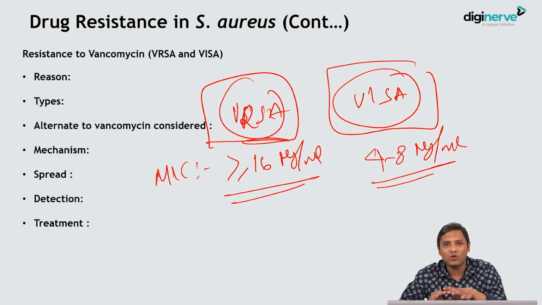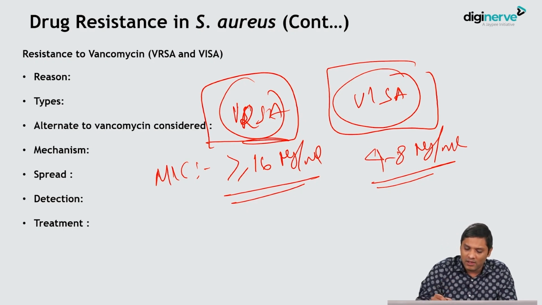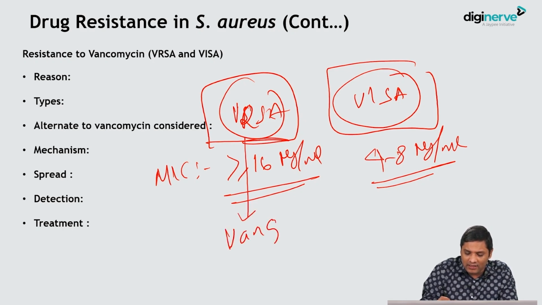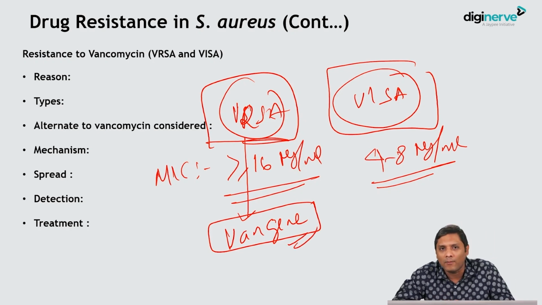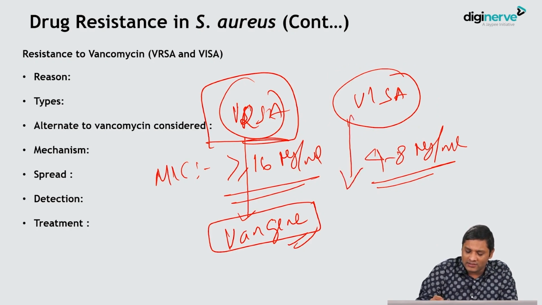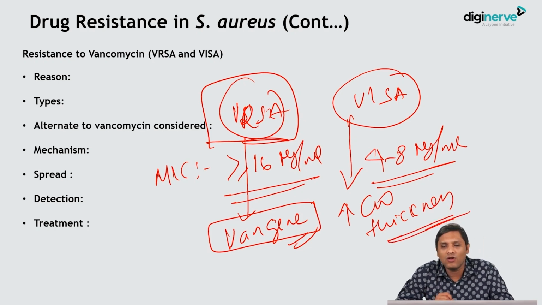So VISA is a low level resistance, VRSA is a high level resistance to vancomycin. They vary in their mechanism. The mechanism of VRSA is Van gene mediated, whereas in VISA, the resistance is due to increase in cell wall thickness.